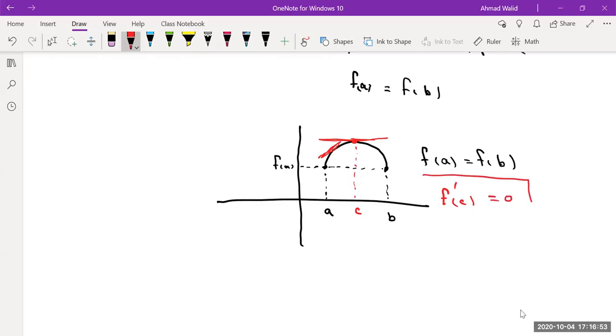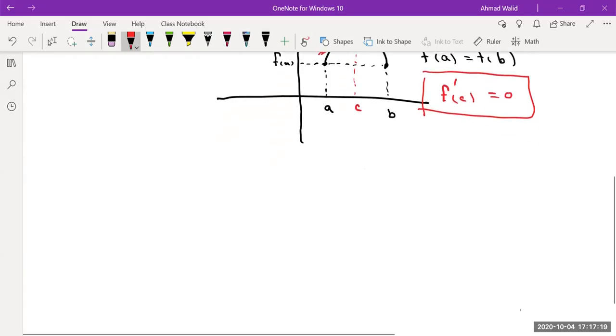Zero. We call this theorem Rolle's theorem. And it's true. It works with any curve. If the two endpoints are equal to each other, definitely there is another point on the curve, or maybe points even, where your first derivative becomes zero there.